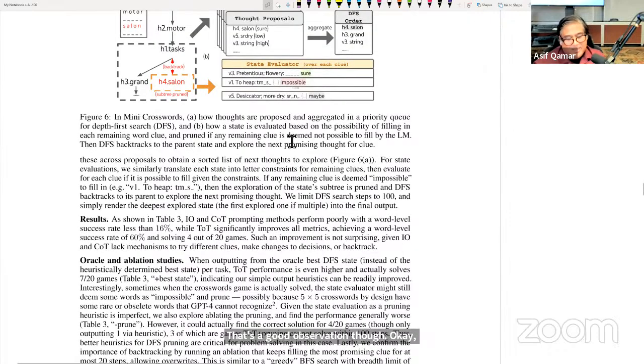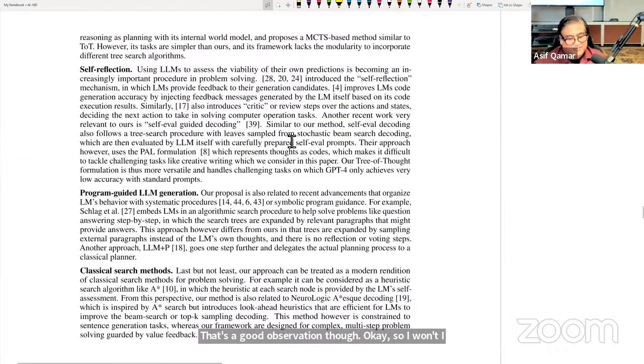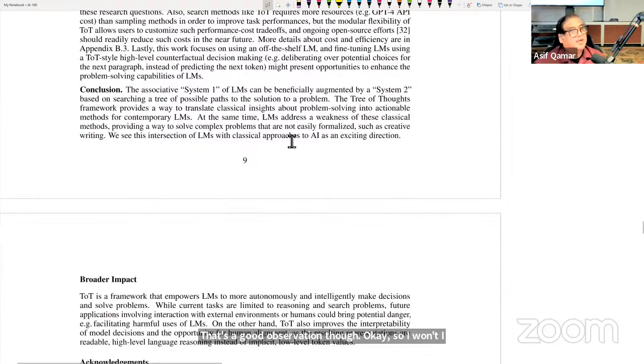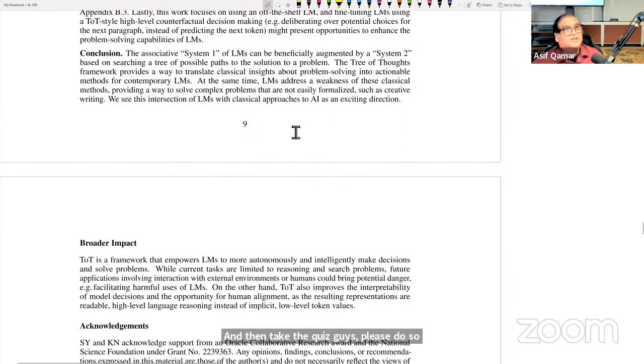So I leave you to study the rest of the paper carefully and then take the quiz. Guys, please do. I'll walk through the instructor framework after lunch, but please, through the lunch, take the simulacra and the tree of thought quiz. As you do the quiz, it's perfectly okay to read through the paper, go back and forth, and search for answers.